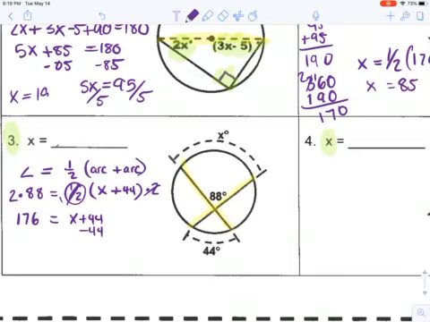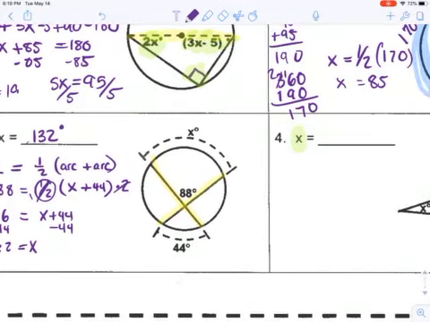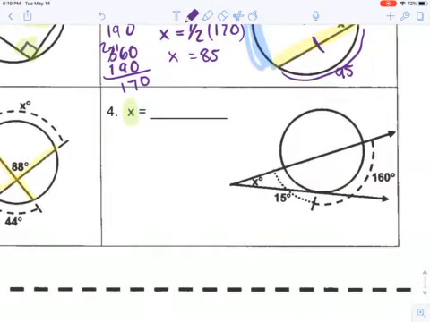Now we're going to subtract 44 from both sides. 132 equals x. We've solved for x. 132 degrees. Now we just have one more to do.